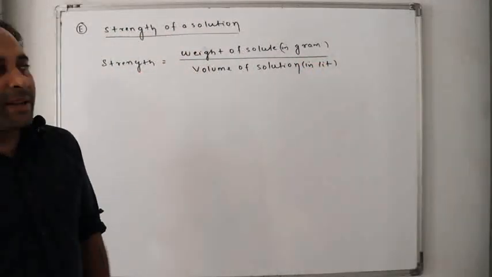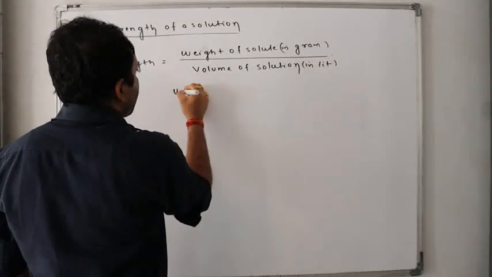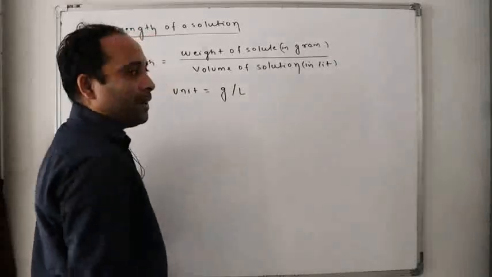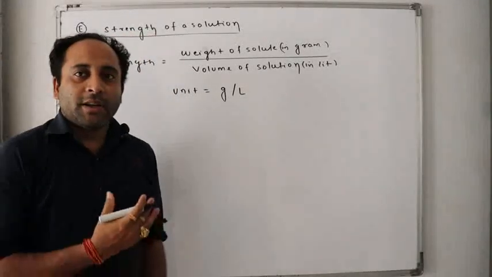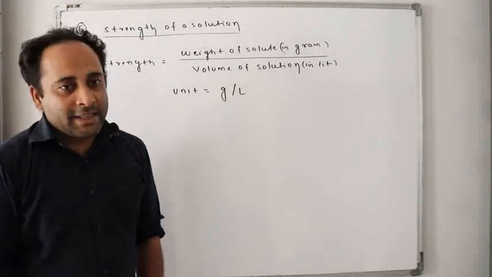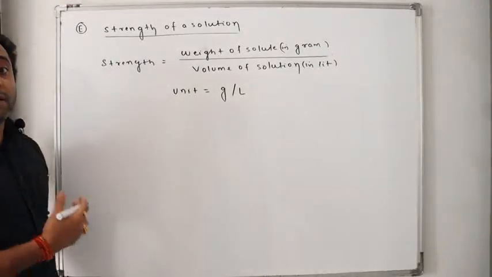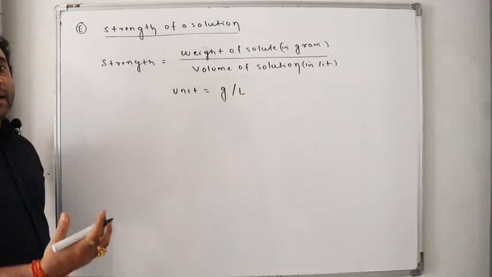That means I can express this unit in terms of gram per liter. The unit is equal to what? Gram per liter. Easy. What else? I can say that strength can be defined as the weight of a solute in gram per liter of solution.